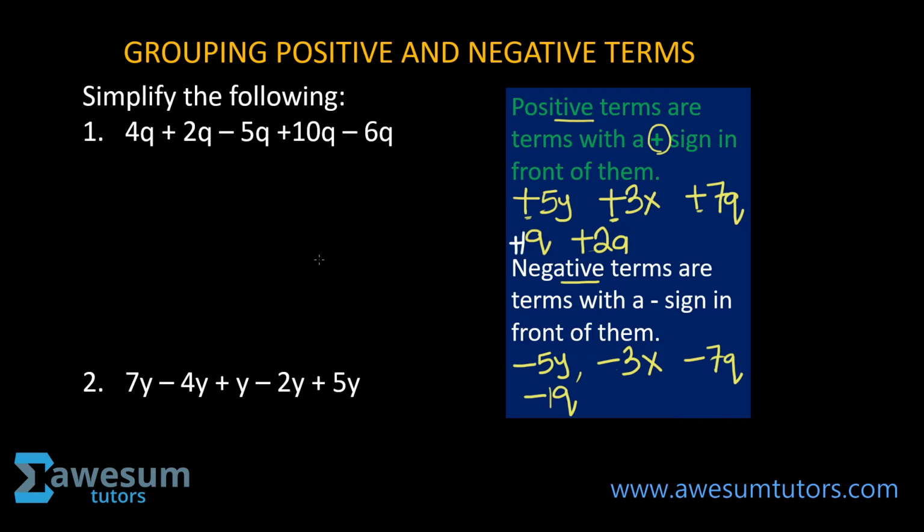Okay, now how do you simplify a problem set in which you have both positive and negative terms? We are going to be using the concept of grouping. So what you want to do is to group the positive terms together and then also group the negative terms together and then simplify.